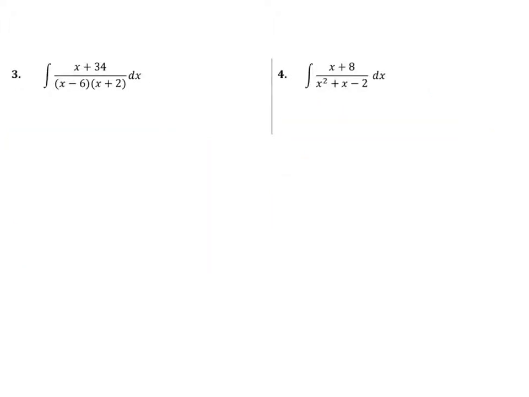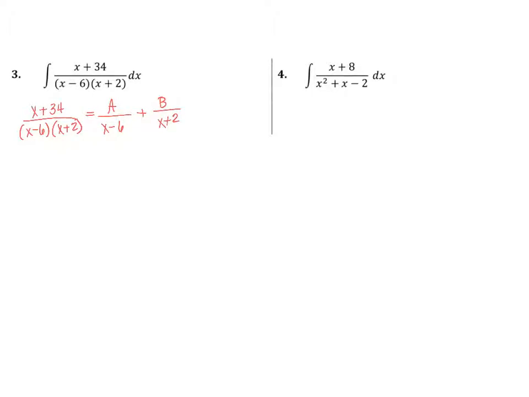Okay, so for, again, this problem, we do divide this up. And so we are going to have x plus 34 over x minus 6 times x plus 2. And then that, again, we're going to decompose this, a over x minus 6 plus b over x plus 2.